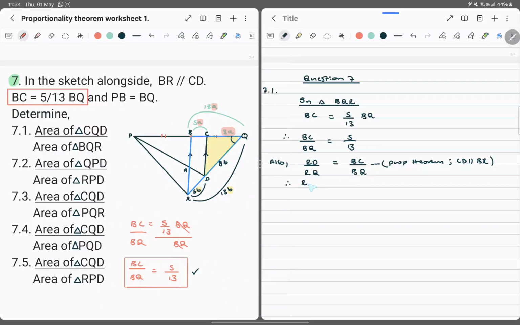So we will say, therefore, RD over RQ is 5 over 13 as well. So this justifies everything, including this value right here. So we can annotate our diagram that way, because we needed to show that it's the same proportion first before we start annotating. We may have started with annotations, but we then justify in our arguments here.